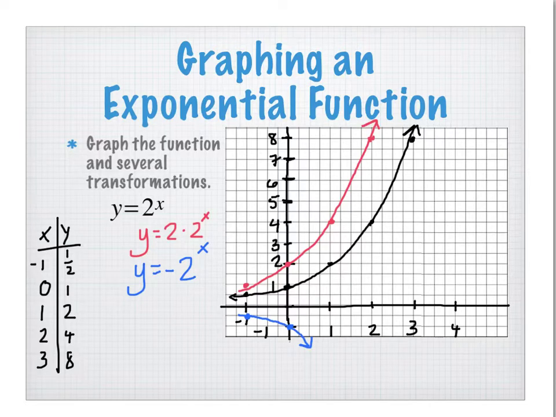All right, how about a horizontal and a vertical translation? How about y equals 2 to the power of x minus 4. That's a horizontal translation. That minus 4 is going to take us 4 to the right. Each point where the black ones are is going to be 4 to the right instead.